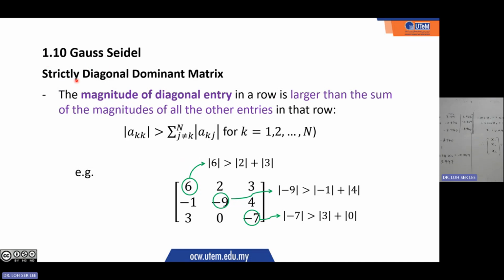Now strictly means this must be greater than, no equal is allowed. So that's why you don't see any equal here. If you see equal, let's say this is 6, this is 3, this is 3, that means it does not satisfy the criteria, because it must be strictly greater than.